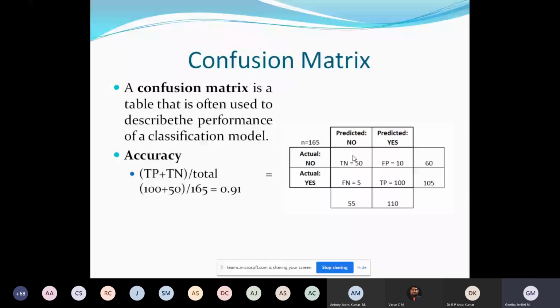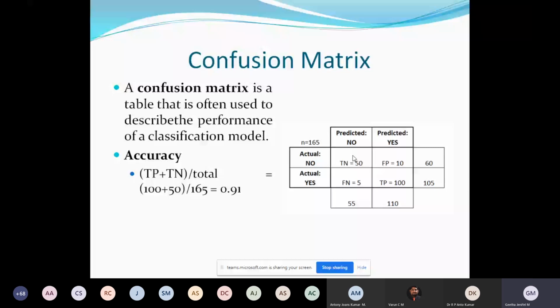Similarly, we're going to calculate the recall and precision also. Recall is calculated by true positive divided by actual yes. In this example, true positive is 100 divided by actual yes, that is 105, that is 0.95.